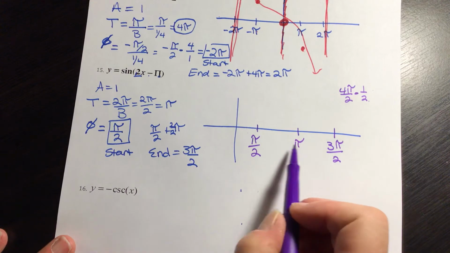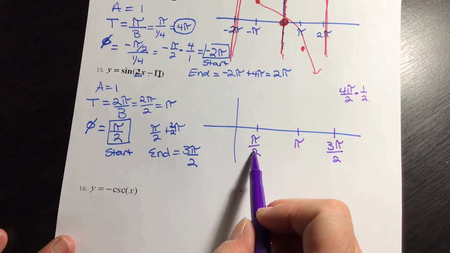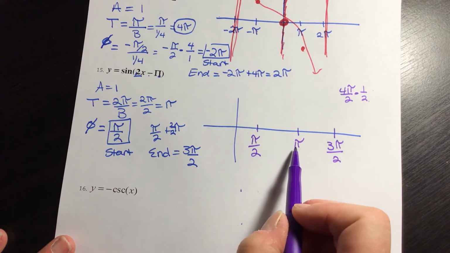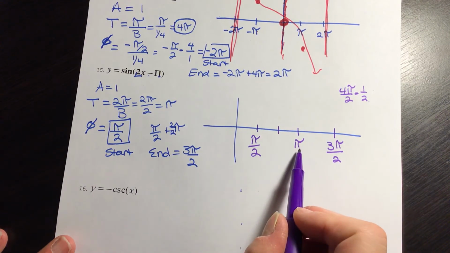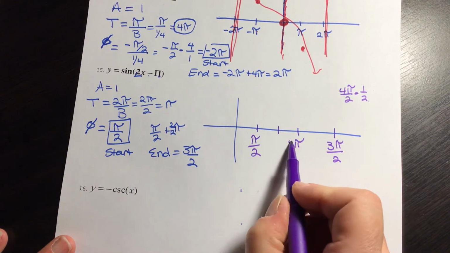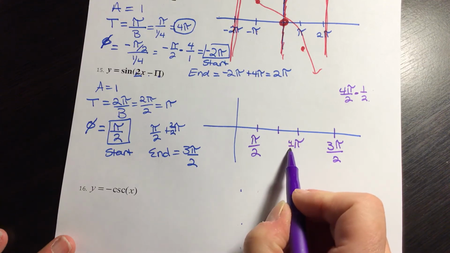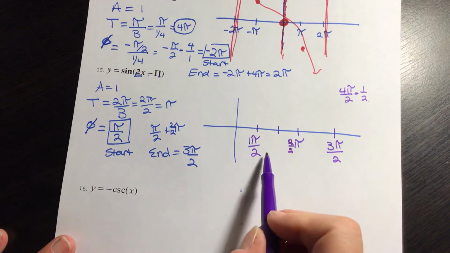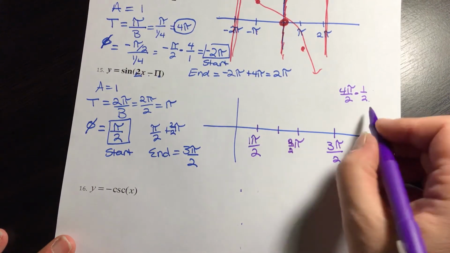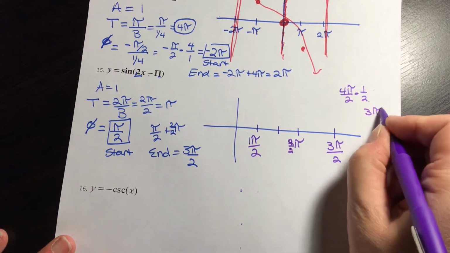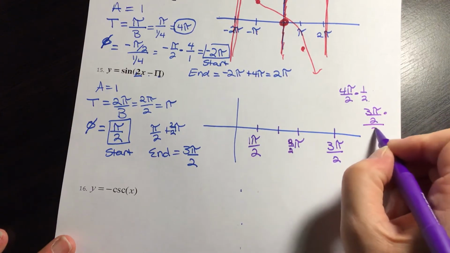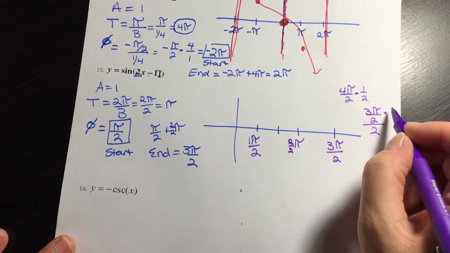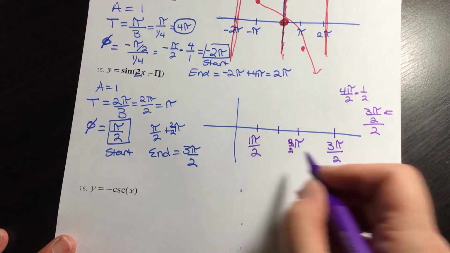And then halfway in between pi over 2 and pi, if I add these up, this is 2 pi over 2 plus 1 pi over 2, that's 3 pi over 2, divided by 2, and that's going to be 3 pi over 4.